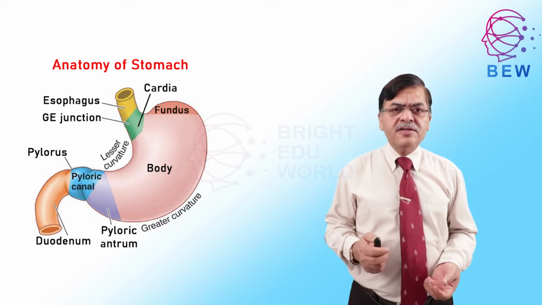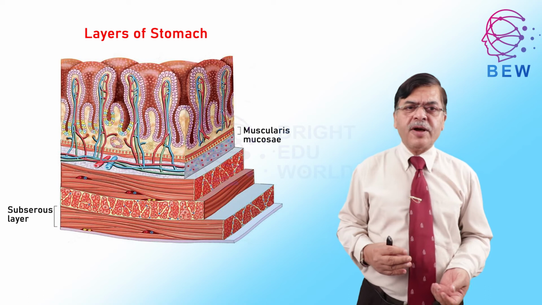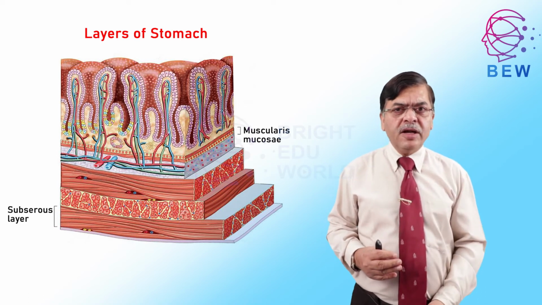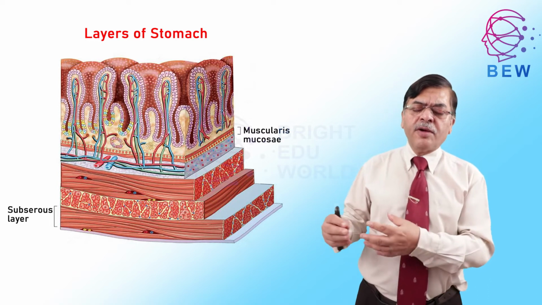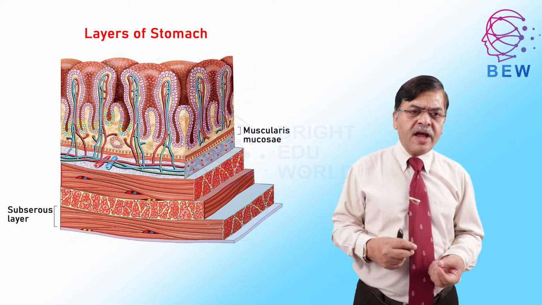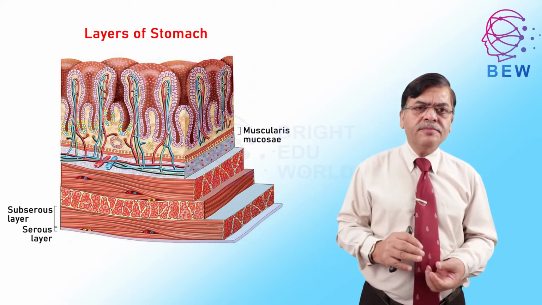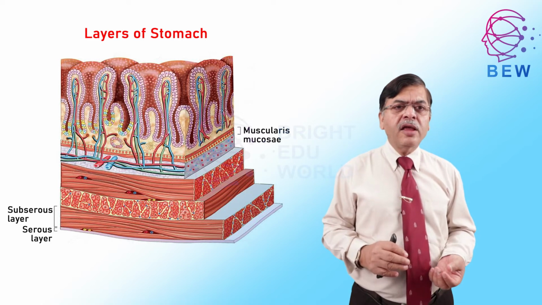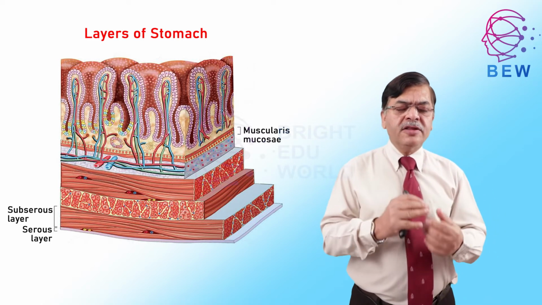Now let us understand what are the layers of this stomach. Stomach has got multiple layers. It is relatively thick walled as compared to the other parts of the gastrointestinal tract. It has got a good and thick serosa. Outermost layer is serosa, and it has got muscularis propria underneath that.